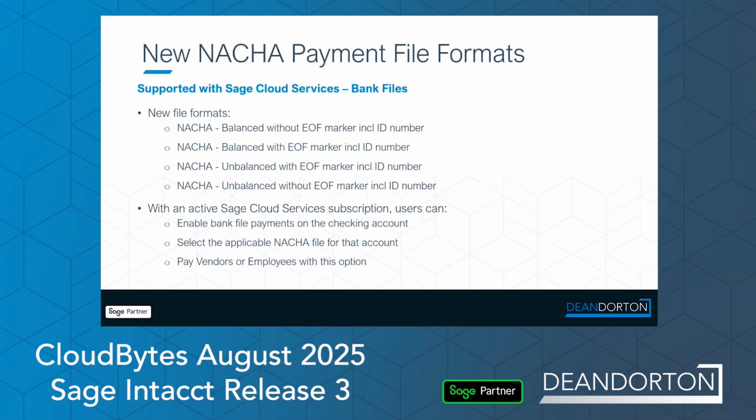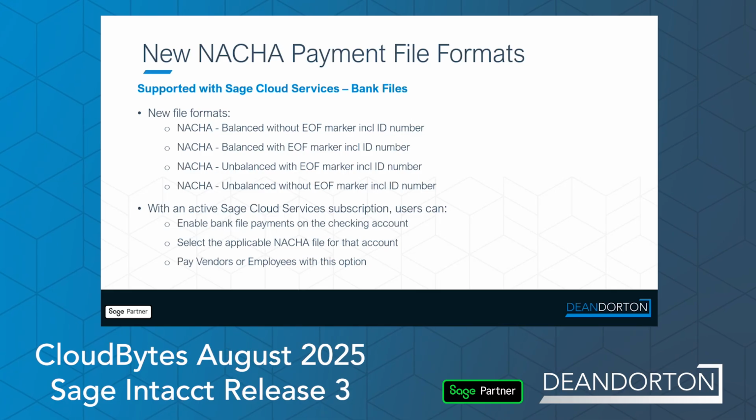So cash management, we've got some new Nacha payment file formats supported with Sage Cloud Services for bank files. I am not going to sit here in front of you folks and anybody who might listen to this later and tell you that I know what all this stuff means, because I don't. I guess in the file markers, including ID numbers, maybe I kind of do know what it means.